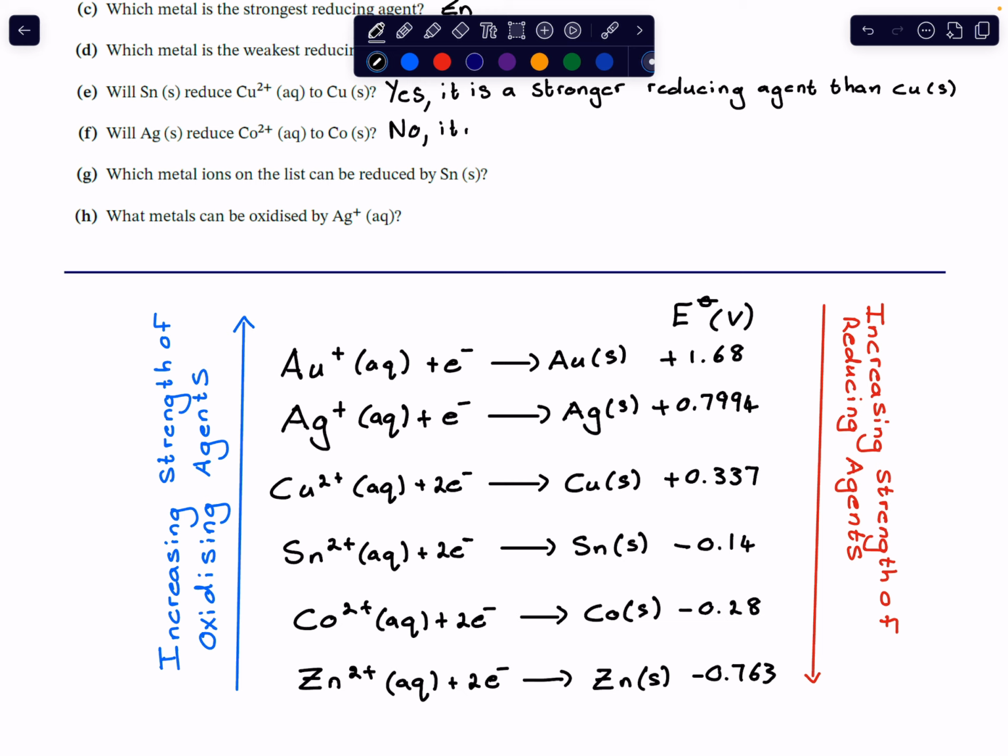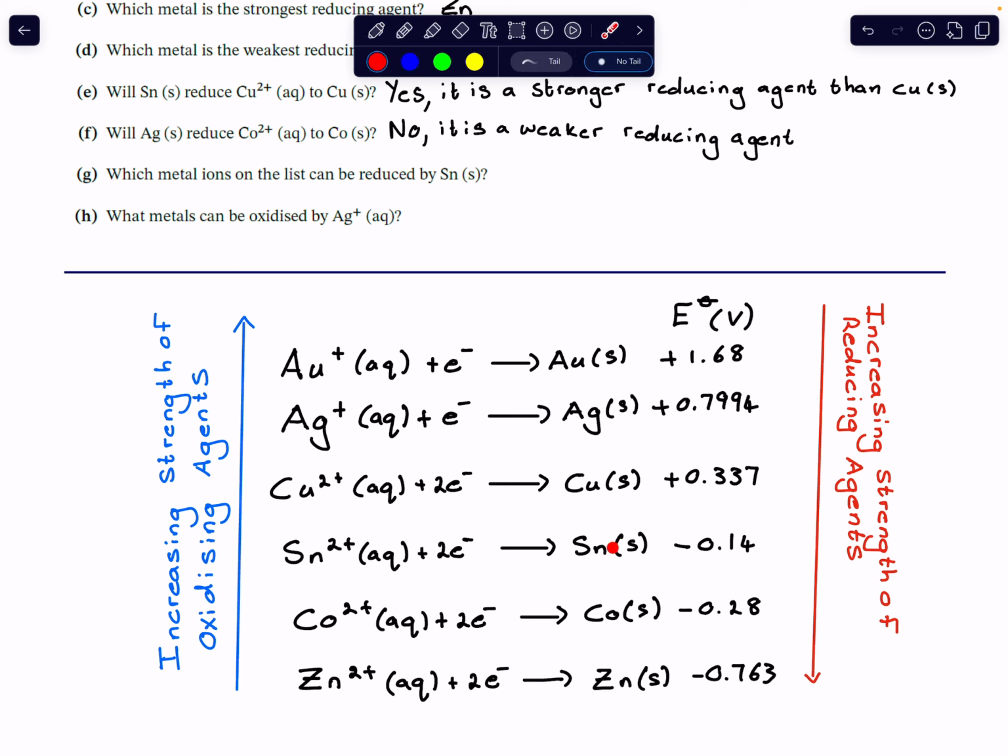It is a weaker reducing agent. All right. The next question is, which metal ions on the list can be reduced by tin? Right, tin solid.